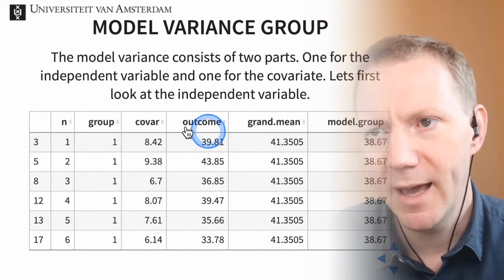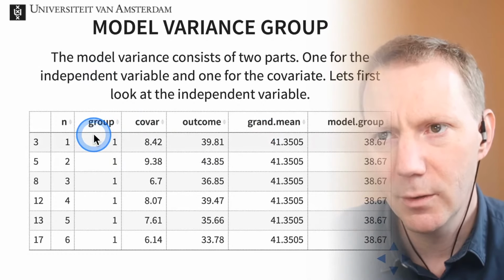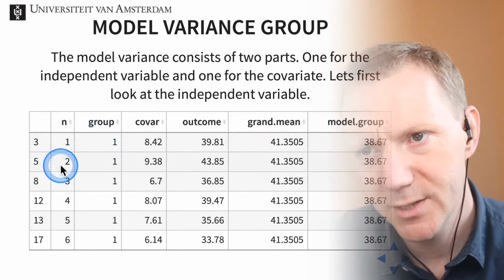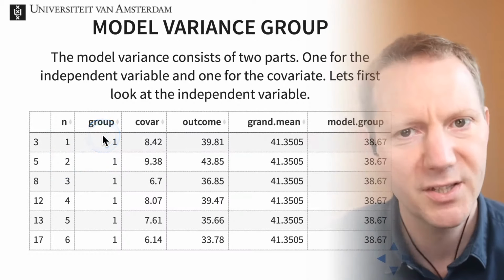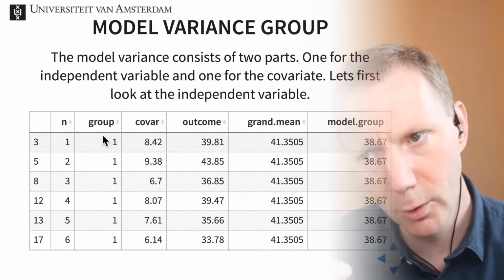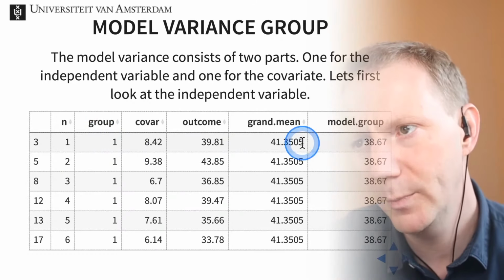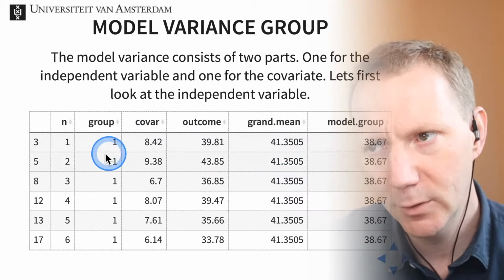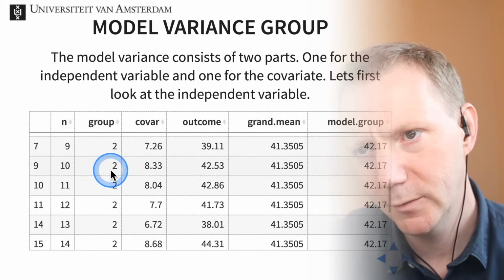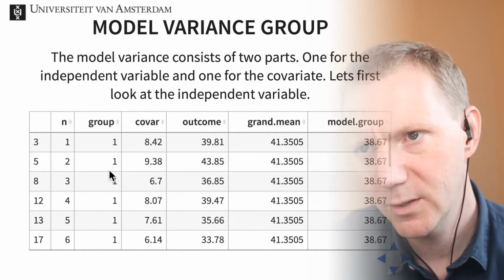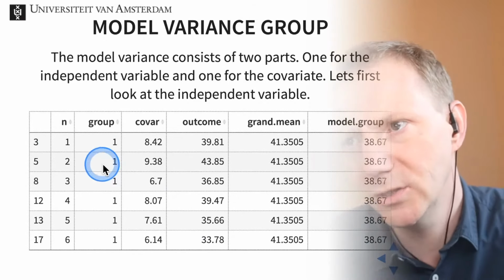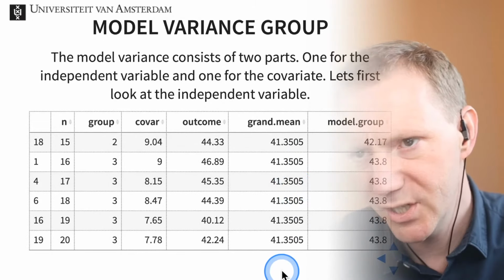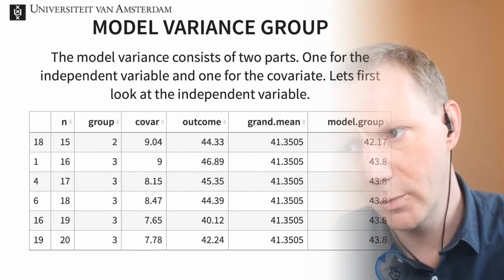We're just looking at each individual in the group that it's in. So this person is in group 1, this person in group 2. We ask ourselves again, what is the mean of that group? And we set the group mean, so the expected value for that individual, to be the group mean. We do that for all the people in group 1, and we do it for the people in group 2 and group 3, so for the Dutch, the German, and the Belgians. And we see the group means here again for each group.